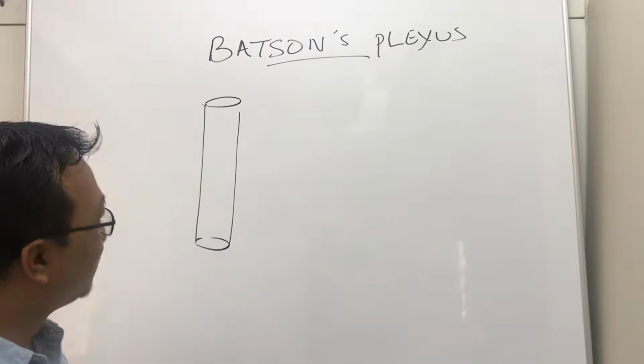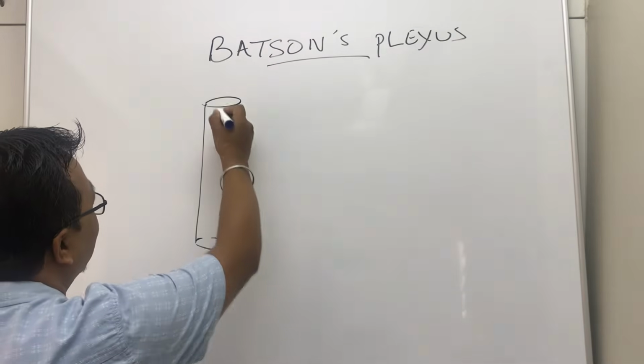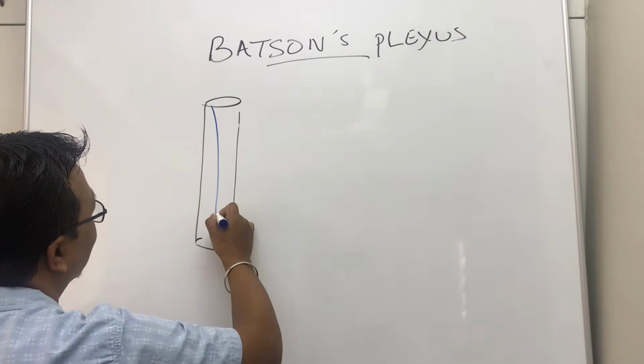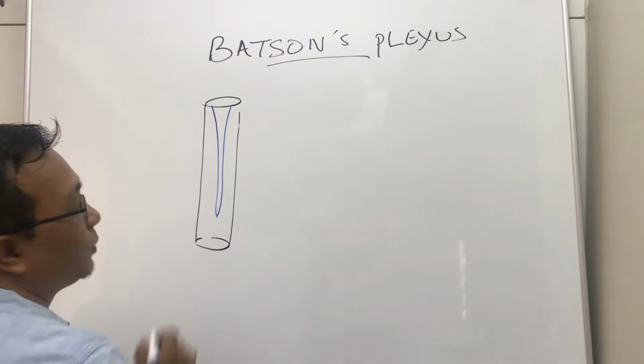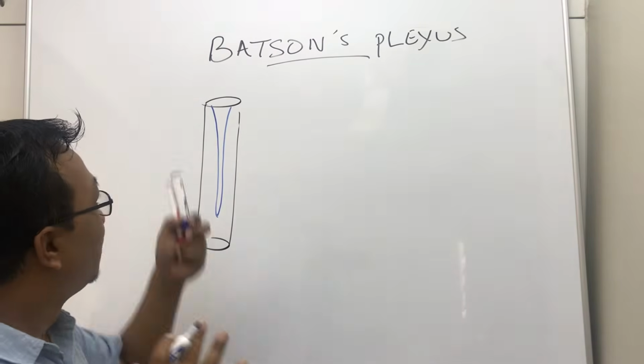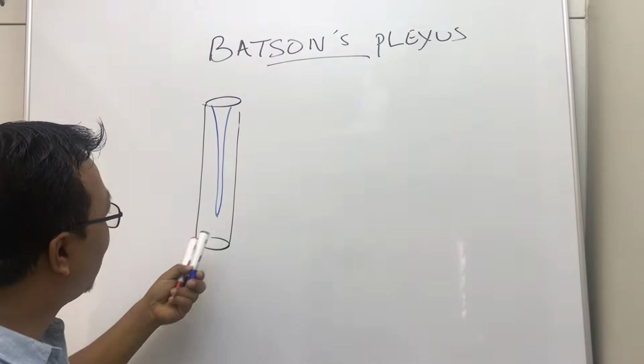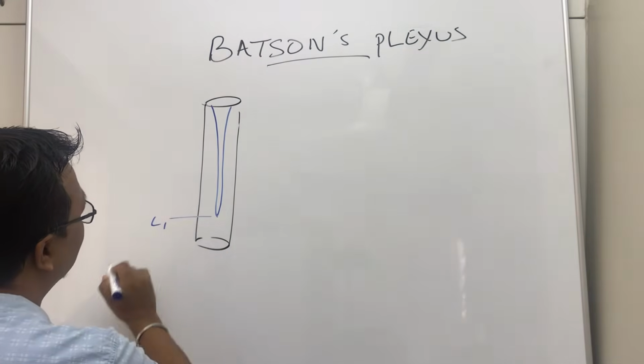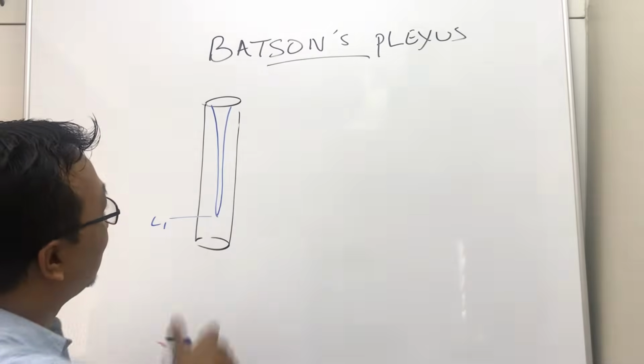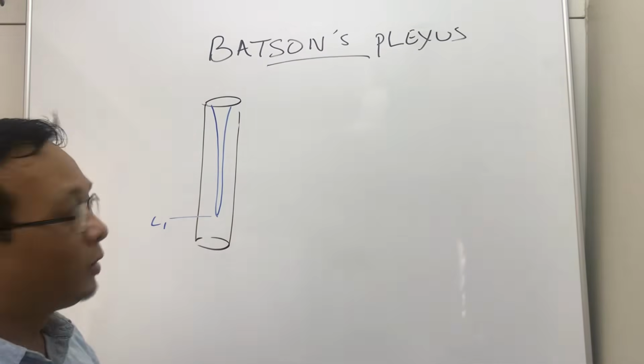In the vertebral canal, the spinal canal, the spinal cord is located. The spinal cord is present from the base of the brain, the brain stem, up to the lower border of L1, right?